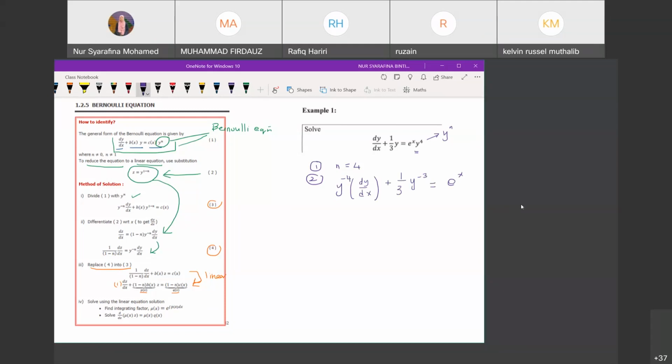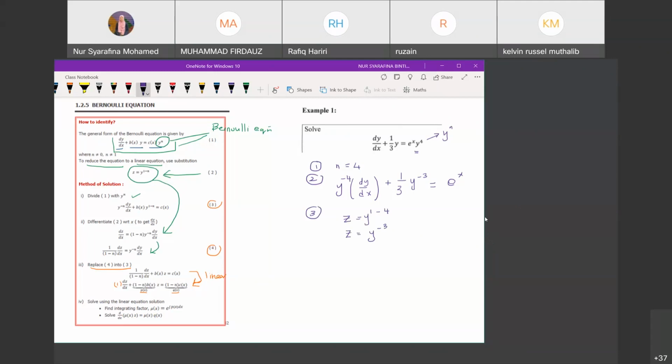Then since n equals 4, our substitution becomes z = y^(1-4), which is z = y^(-3).